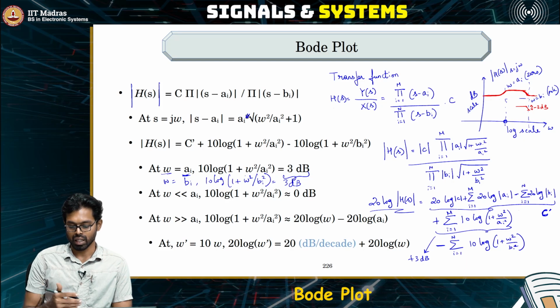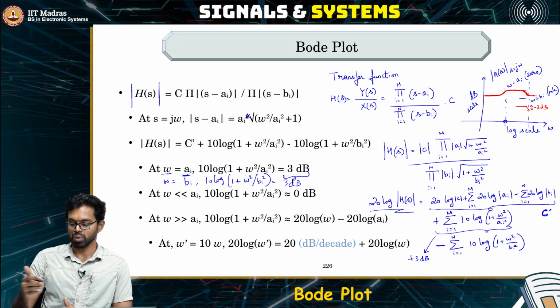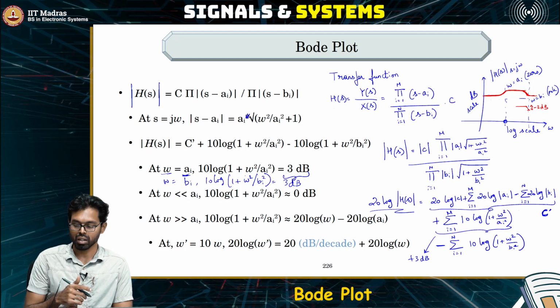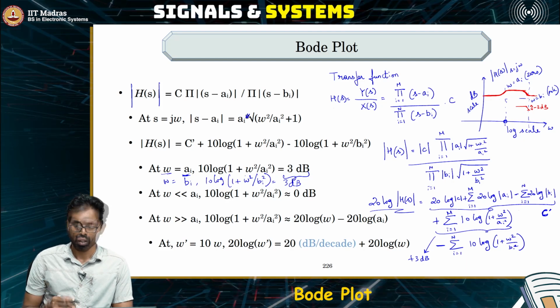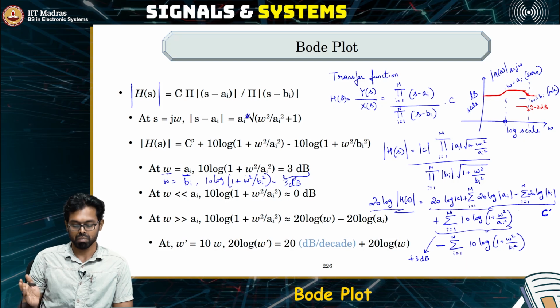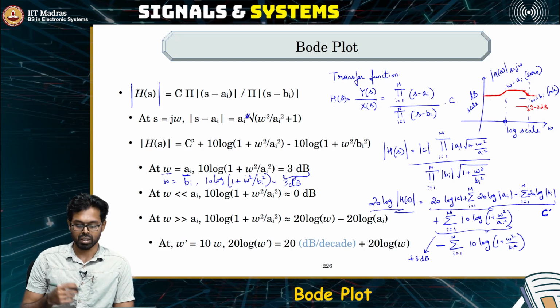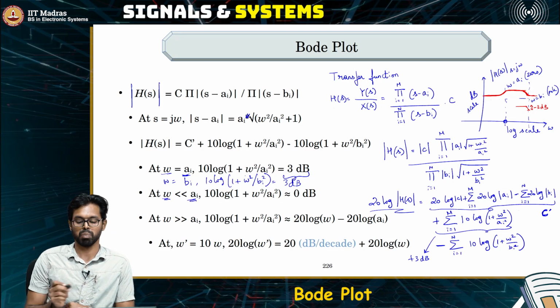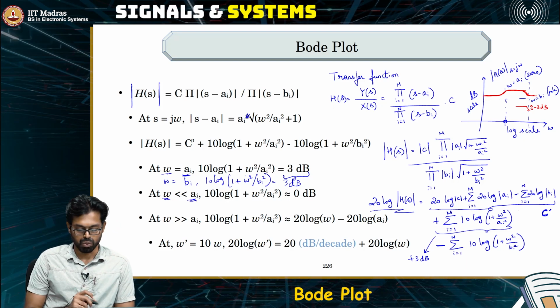Okay. Now, what happens at the frequencies which were much before? We said that at the frequency values equal to the poles and zeros, there is a change of 3 dB, but what happens much earlier compared to the poles and zeros? Let us consider frequency values below the poles or zeros. Let us take a frequency value which is much smaller than the pole or zero.